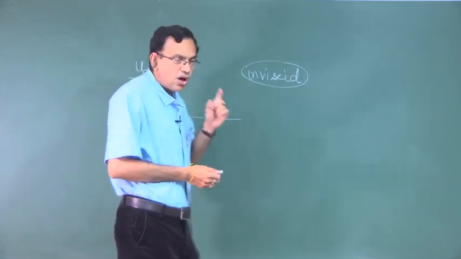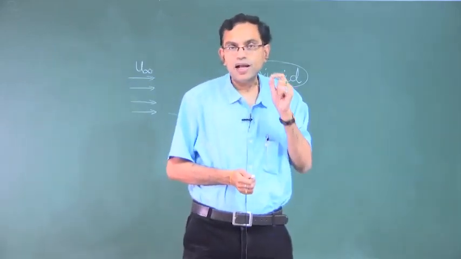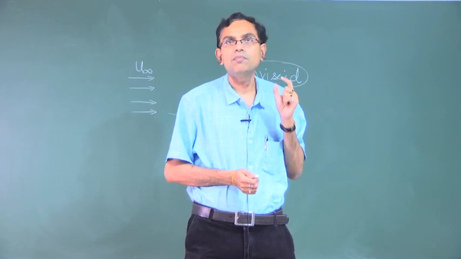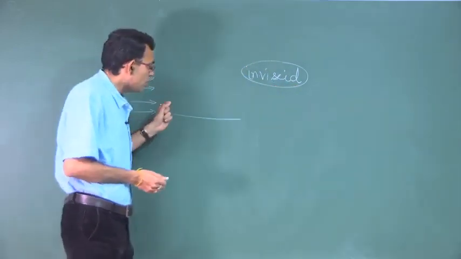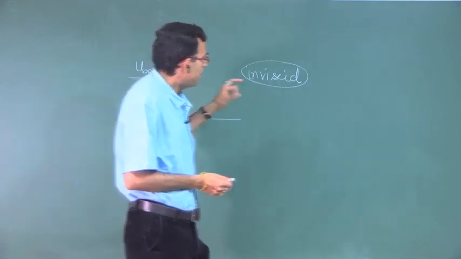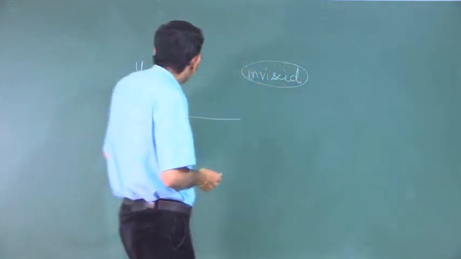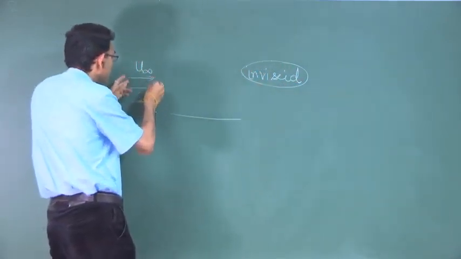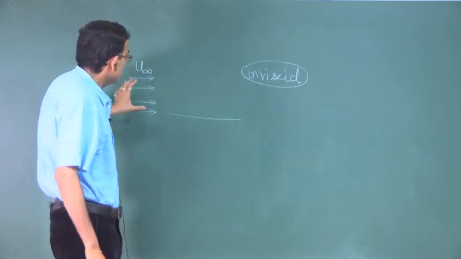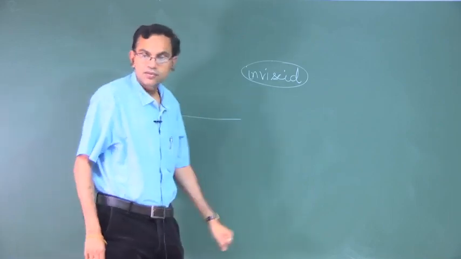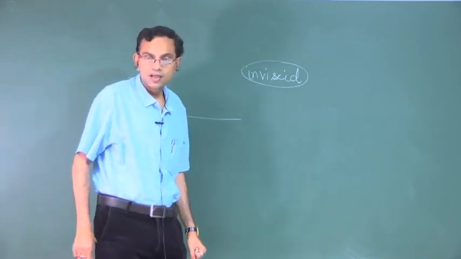Now, if you recall, one of the factors that we discussed which can make a flow which is inviscid here change its pattern. What is that?